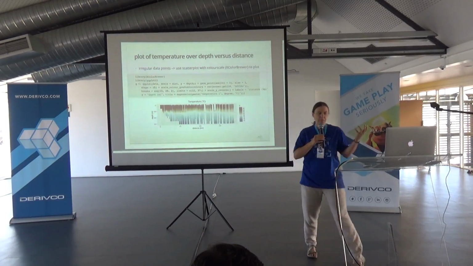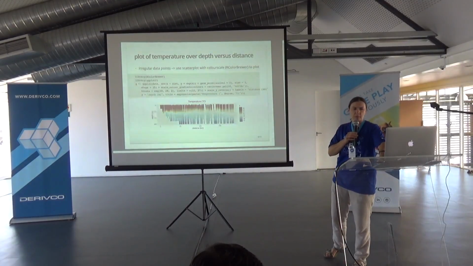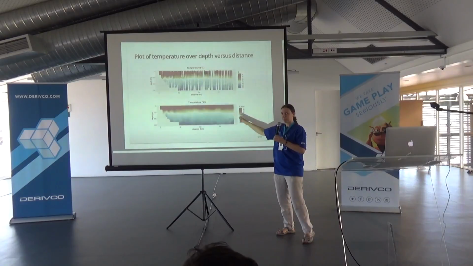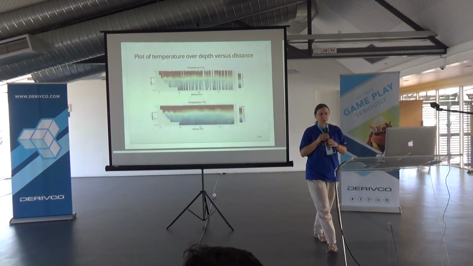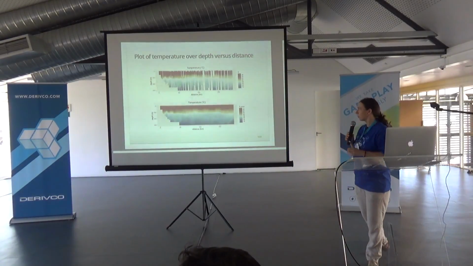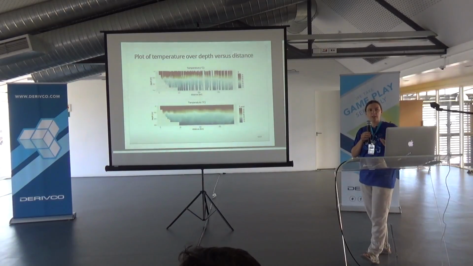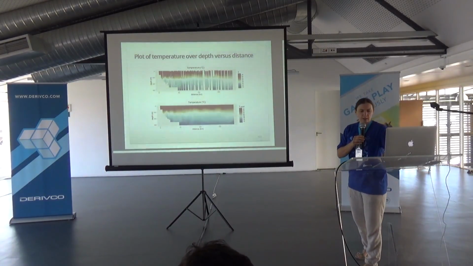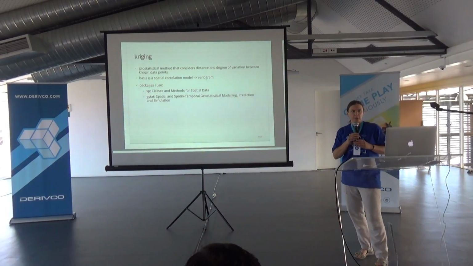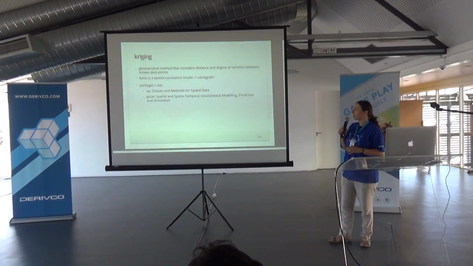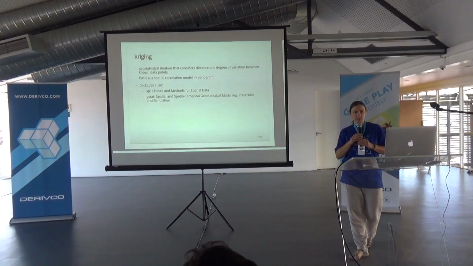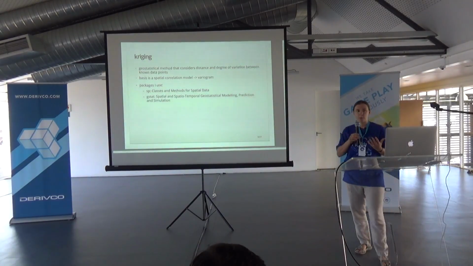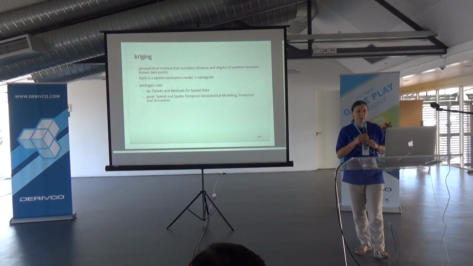For discussion or publication of the data, I rather want to have a nice homogeneous picture. So I have to do some kind of interpolation. There are lots of different methods, linear interpolation, splines. We decided to do kriging. It's a geostatistical method that considers distance and degree of variation between known data points when estimating unknown data points.